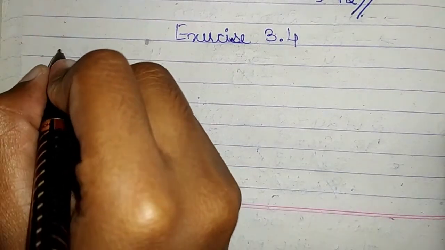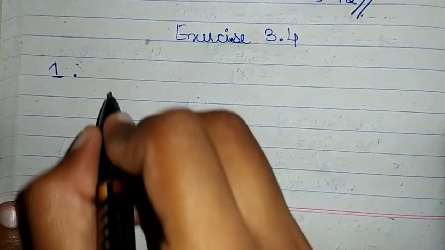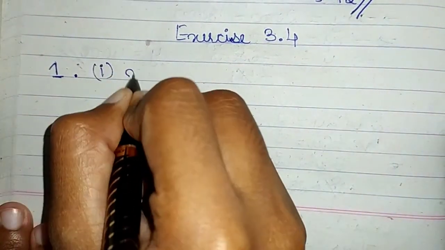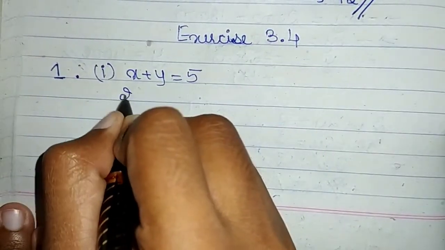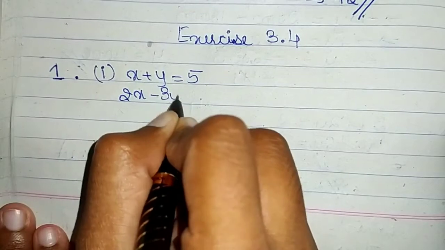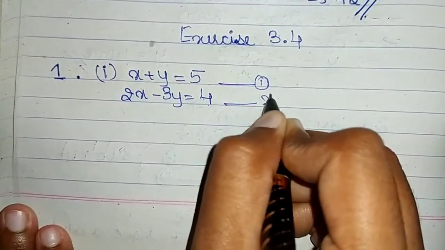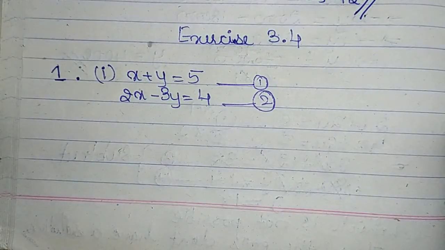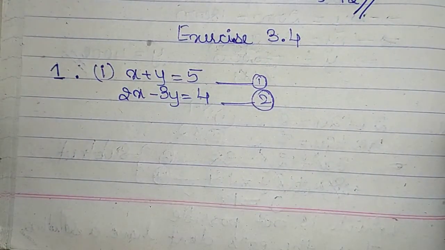So in the first main question, the first set of equations is x plus y is equal to 5 and 2x minus 3y is equal to 4. This is equation 1 and this is equation 2. Now here the coefficients are not same, so we'll have to multiply.